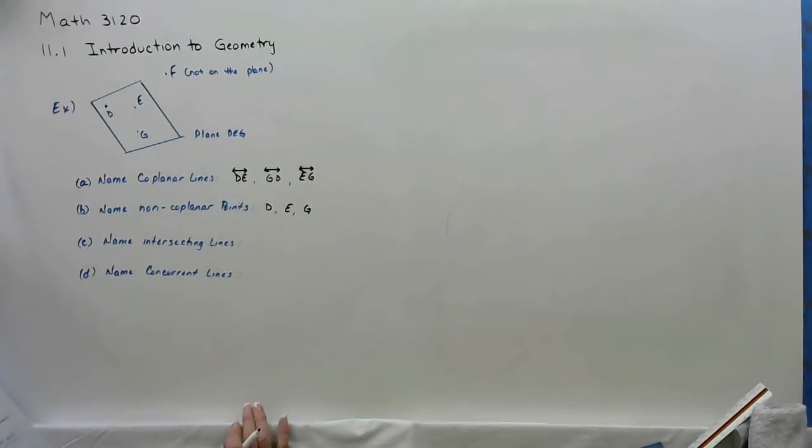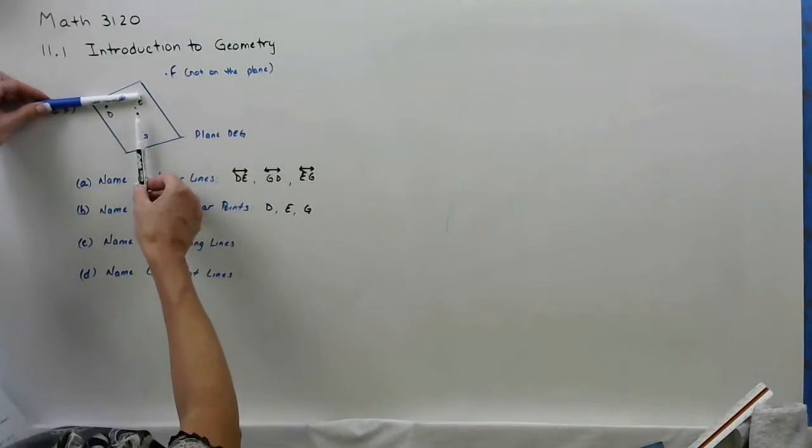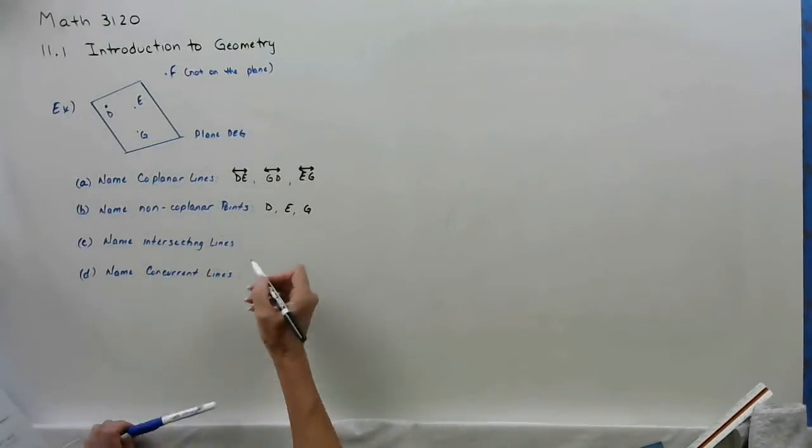Intersecting lines. Well, if we take a look at intersecting lines, we would have to figure out, do we have any that are intersecting? Intersecting means they just have to touch at one exact point. So I could take a line from D to E, and I could take a line from G to E, and they would intersect at E. That's one example.